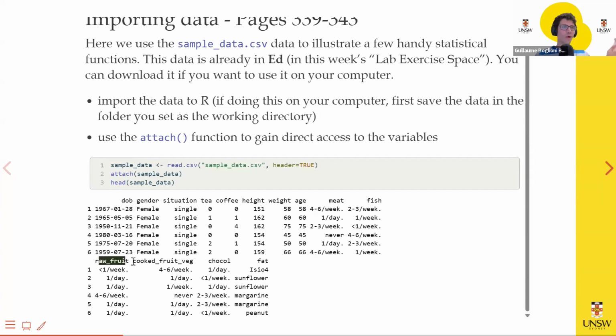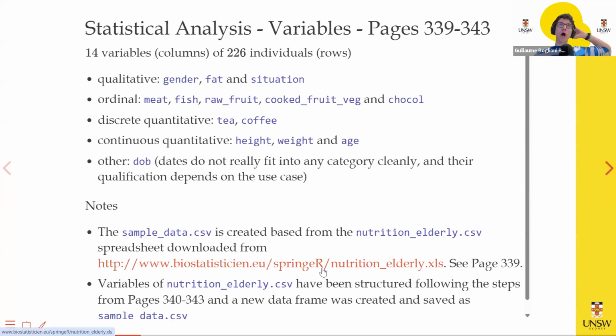How much raw fruit, cooked fruit, how much chocolate apparently, and fat. I don't really know, but maybe it's the major source of fat in their diet, sunflower oil, I suppose, or margarine. I have no idea.